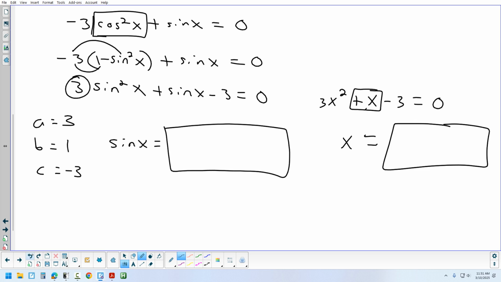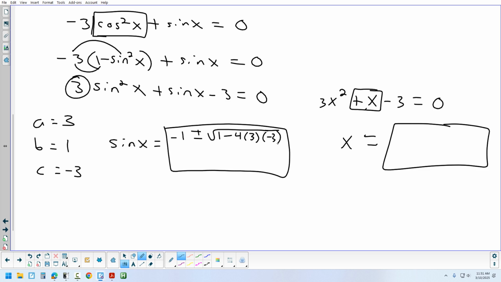Okay, so now let's do the quadratic formula, and that part's exactly the same. Negative b plus or minus the square root of what comes next? 1 squared minus 4 times a times c.